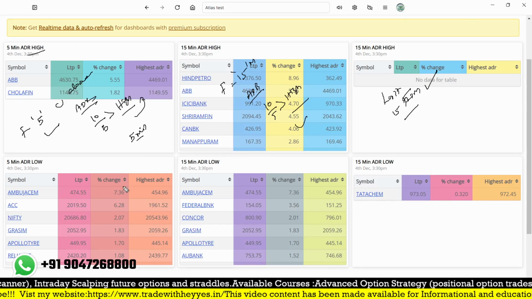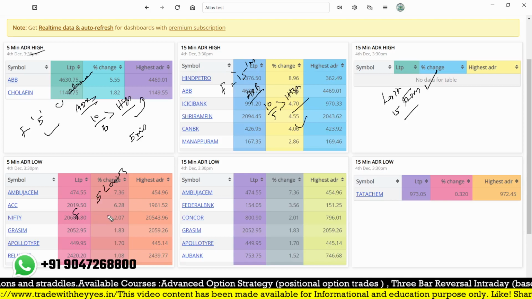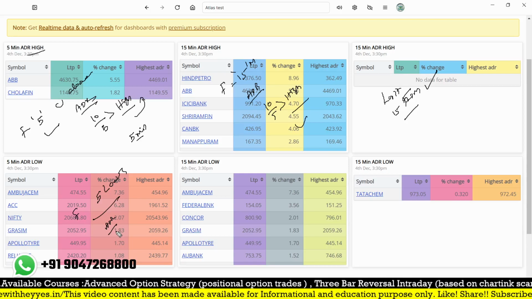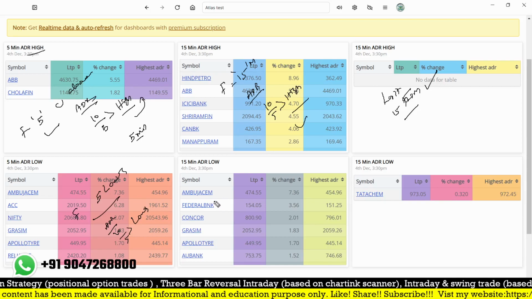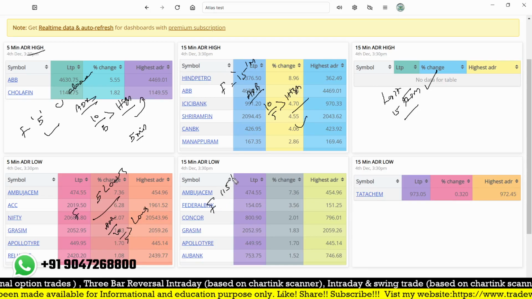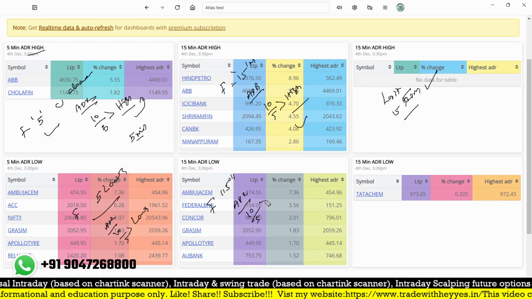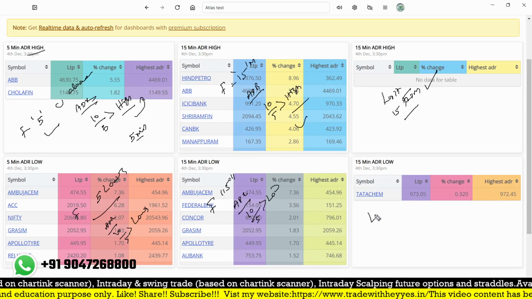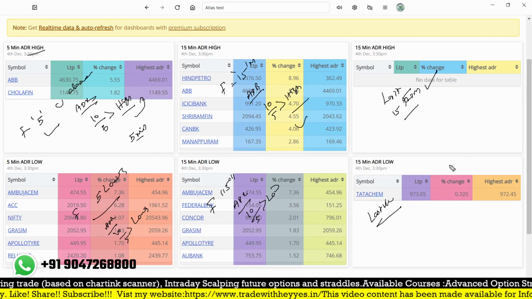So this is the first 5 minutes lower closing, below the lower ADR, 10 or 5, whichever is lower. This is the first 15 minutes, whichever is lower. ADR 10 and 5, whichever is lower, and this is the last 15 minutes. This one is going to be updated every time.